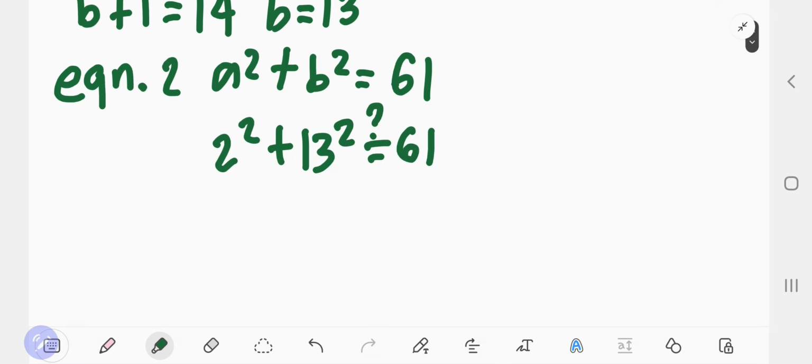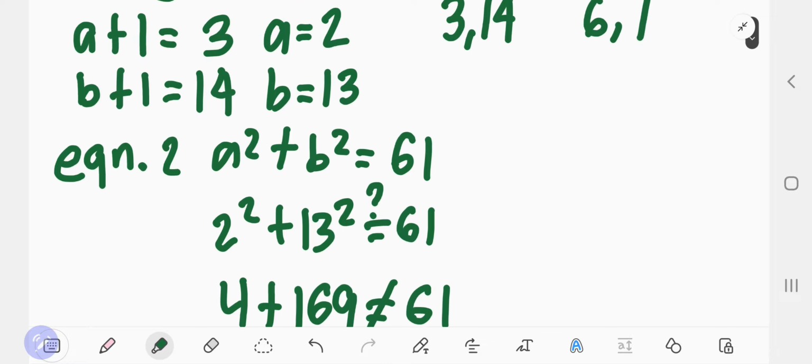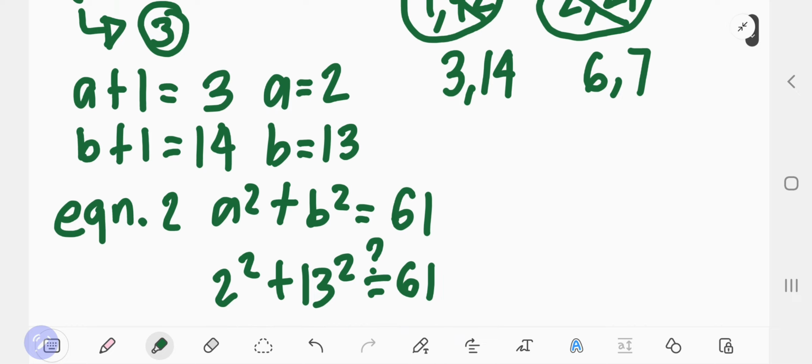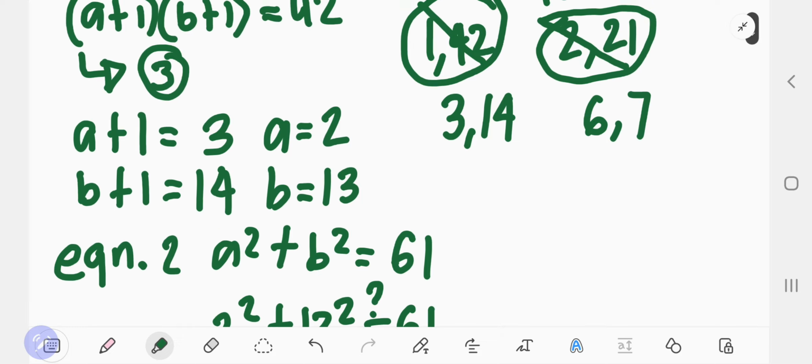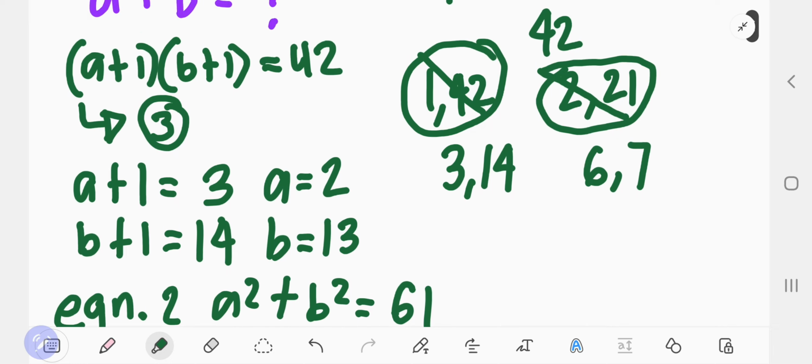Let's check. 2 squared is 4 and 13 squared is 169. And 4 plus 169 or 173 is not equal to 61. It does not meet the criteria for equation number 2. What I meant is it will result in a false statement. So 3 and 14 as a plus 1 and b plus 1 respectively will be rejected.